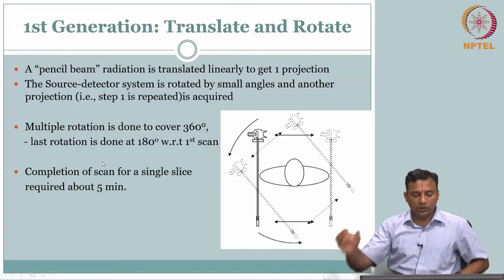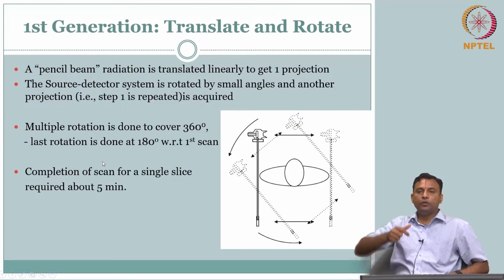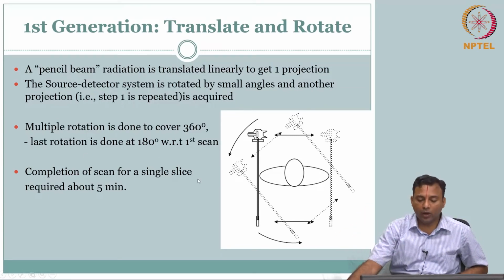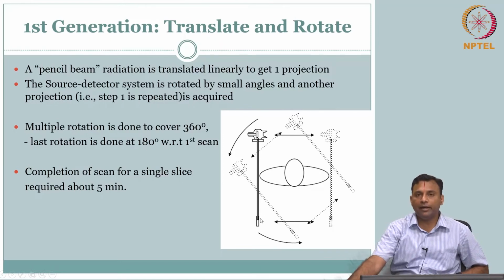So the good news about this is the image quality, because you do not have a collimator, scattering is not an issue. You just send one beam, there is no scattering that you have to worry about, and therefore this is simple, straightforward. The detection is also reasonable.